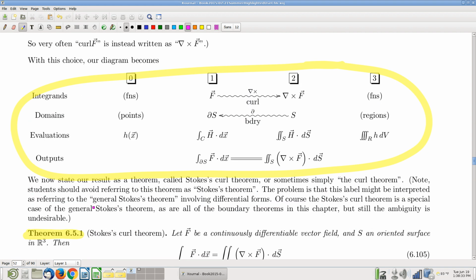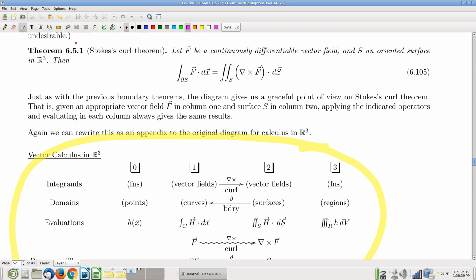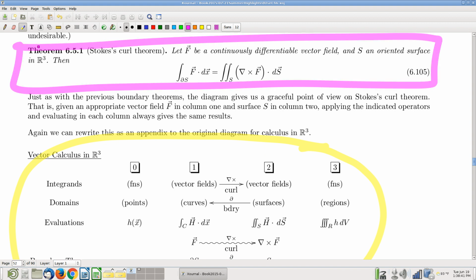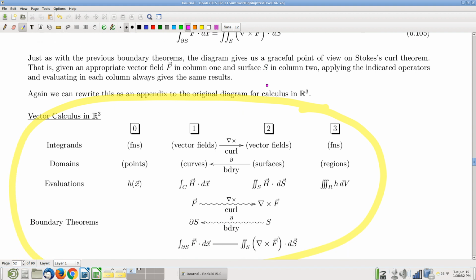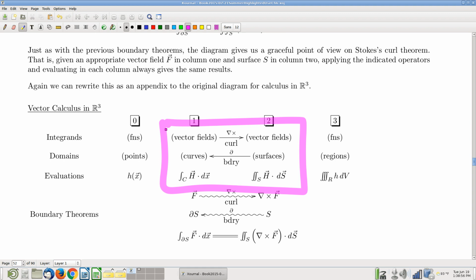So here we go, putting it all together. Here's our theorem, and here's our appended diagram. The theorem there says circulation, boundary circulation, is computed as a flux of this thing called the curl vector. On the diagram, we were thinking about this part of the diagram.